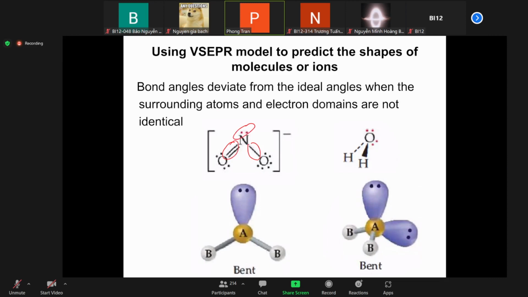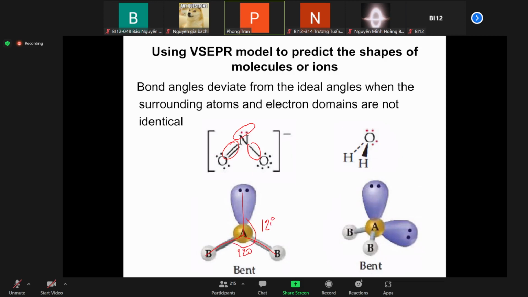So the arrangement will be trigonal planar. See here. Okay. So in the perfect, most optimal geometry, this angle will be 120, and this angle is 120.